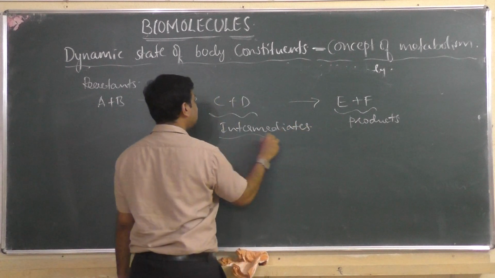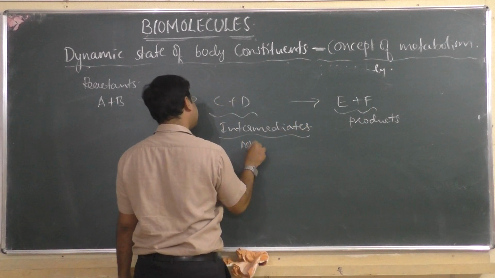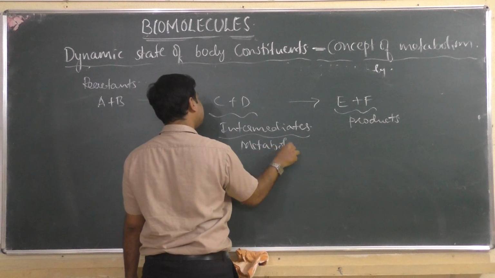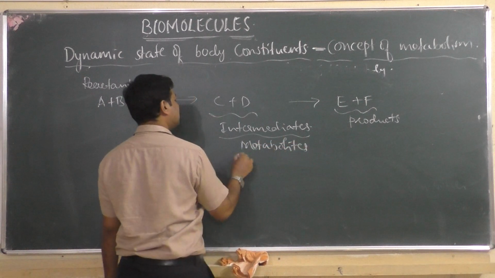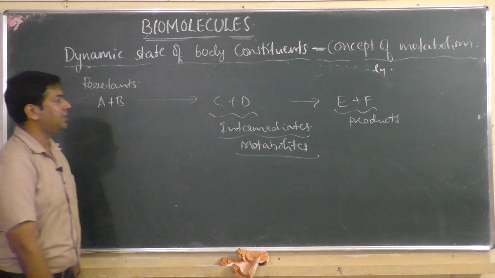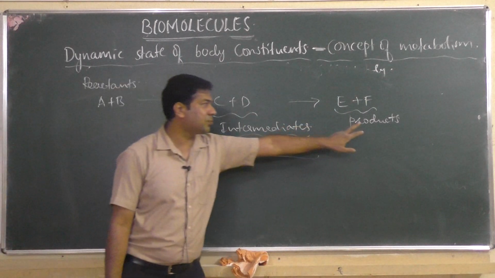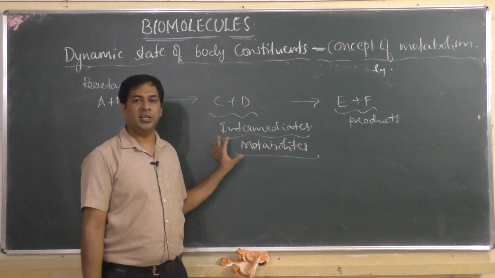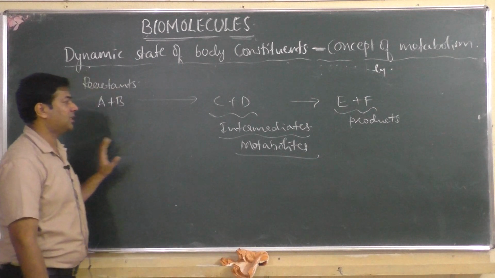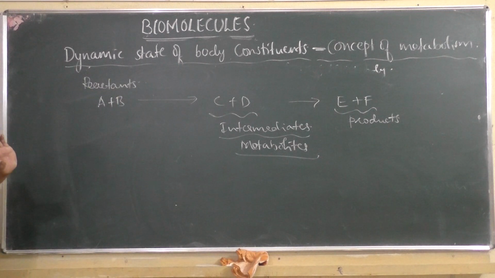I am talking about these intermediates as metabolites. Metabolites are intermediates. See, reactants react to produce a product. In between it becomes an intermediate. So that is what we call metabolites.